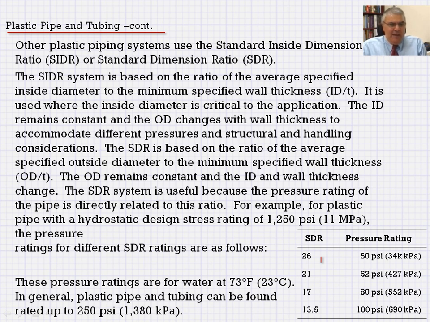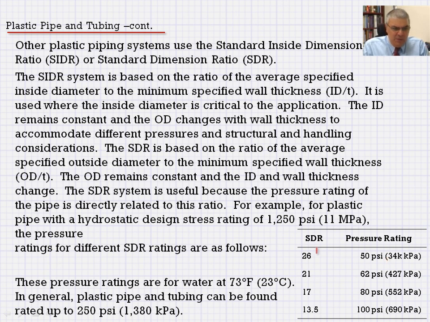So it's outside diameter, OD, O as in outside and D as in diameter, divided by T, which is the thickness of the wall. So outside diameter divided by the wall thickness will be the basis for SDR. So for an SDR of 26, 50 psi applies.